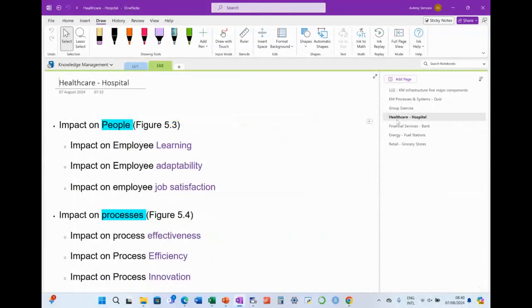I had 4 businesses, so it's going to put you in groups of 4. Then you would go on ChatGPT, for instance, and say, how would knowledge management impact the people or employees in a hospital?